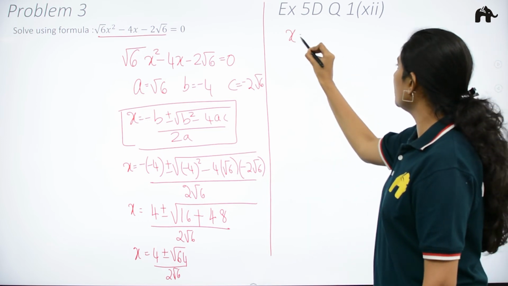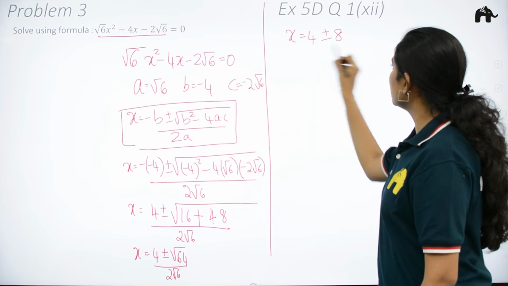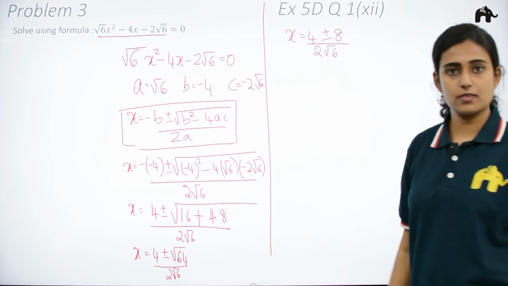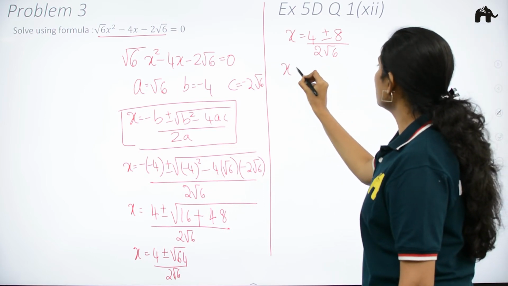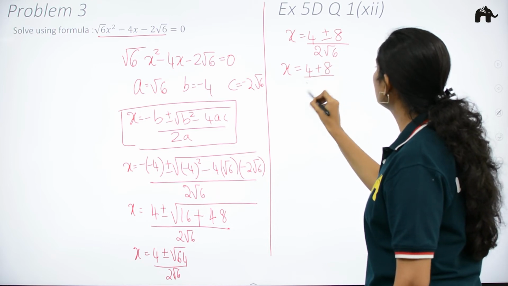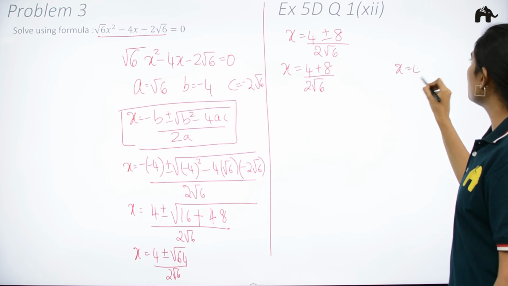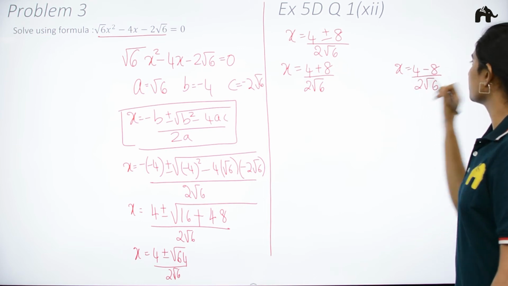So, x is equal to 4 plus or minus 8 divided by 2 root 6. The possible values of x are x is equal to 4 plus 8 by 2 root 6 or x is equal to 4 minus 8 by 2 root 6.